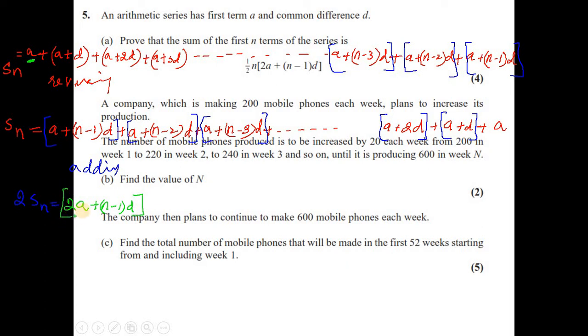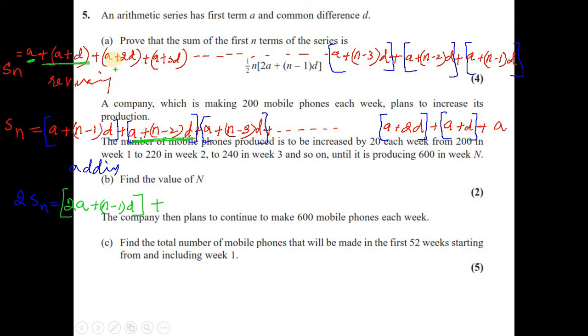This is the sum of the first terms in both of the equations, plus. Now we have a plus d, and add the second term.